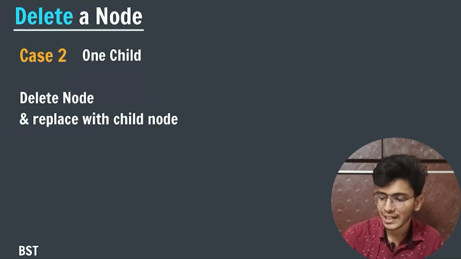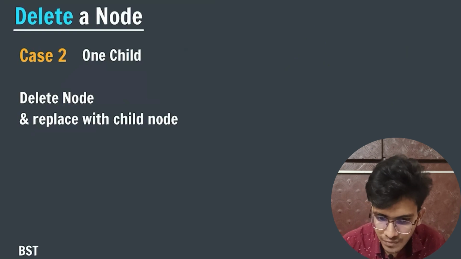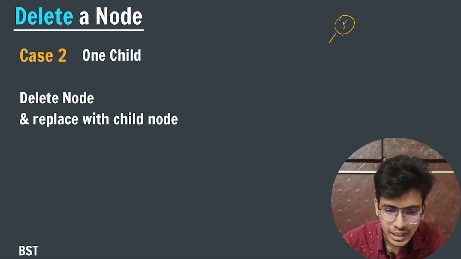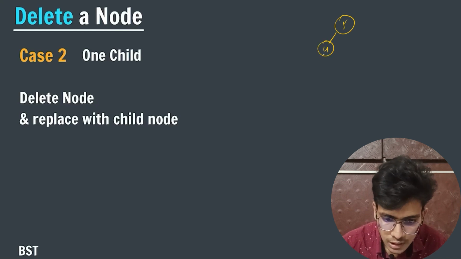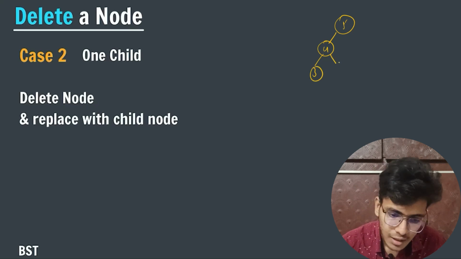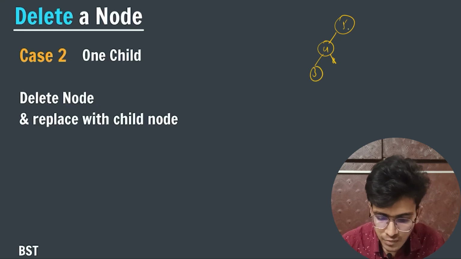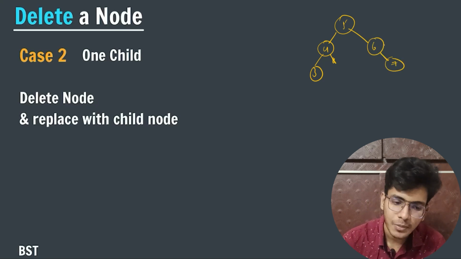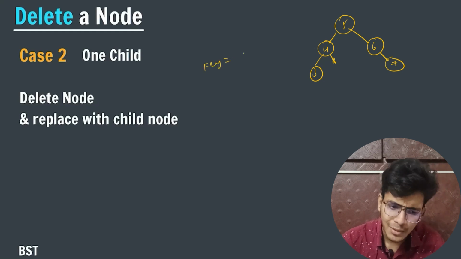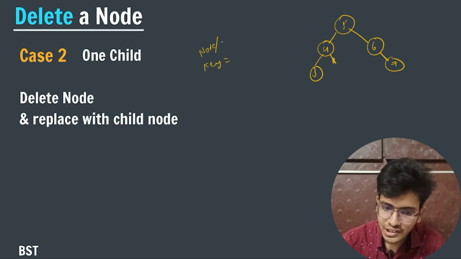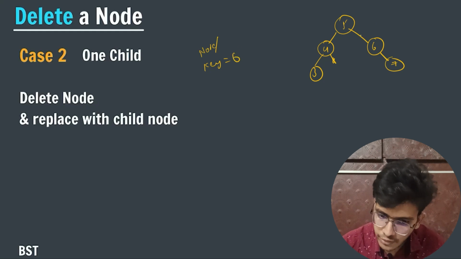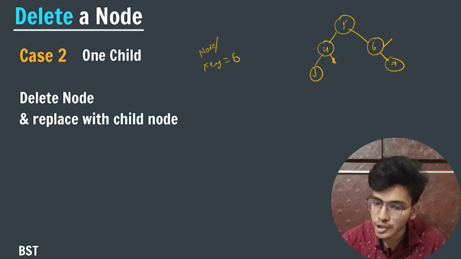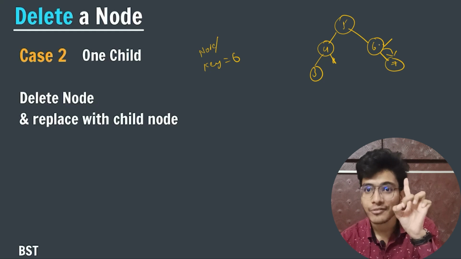Now in the second case, let's say my tree is having some values. Taking the same tree, 1, 5, we have to create a BST, right? 4, 3, and let me give here 6, 7. So you can see that my key, the element which I'm going to delete, is 6. If it is having a left or a right child, here you can see that this 6th node is having one right child.